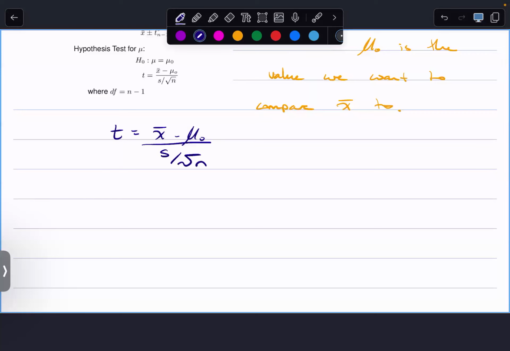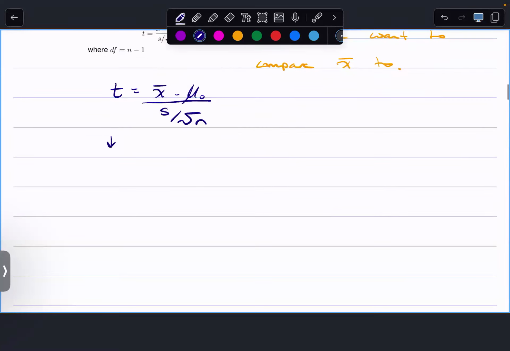and then we take that t and we use it to find the p-value using the t-table, right? What's really nice is we've already been using the t-table to find p-values for our z's, right?